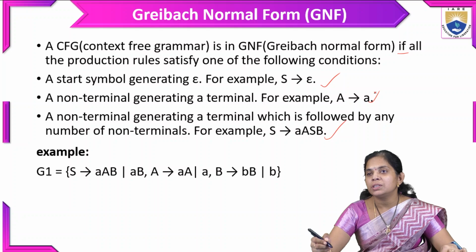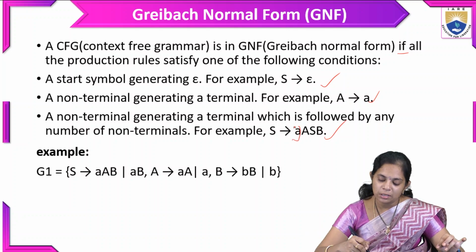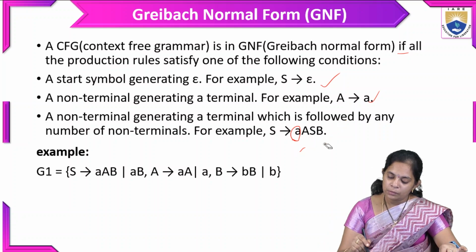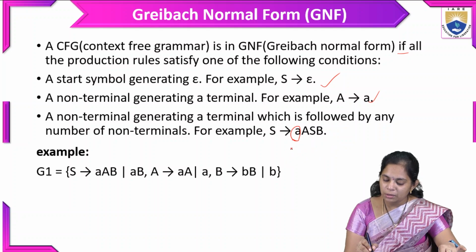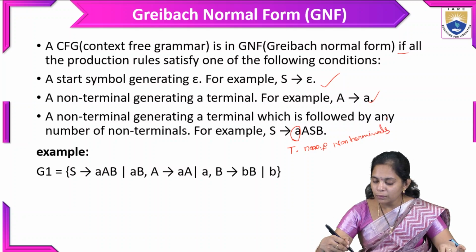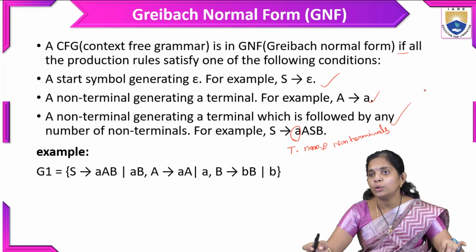And the third condition is a terminal which is followed by n number of non-terminals. So these are the 3 conditions we need to follow for the GNF, Greibach normal form.